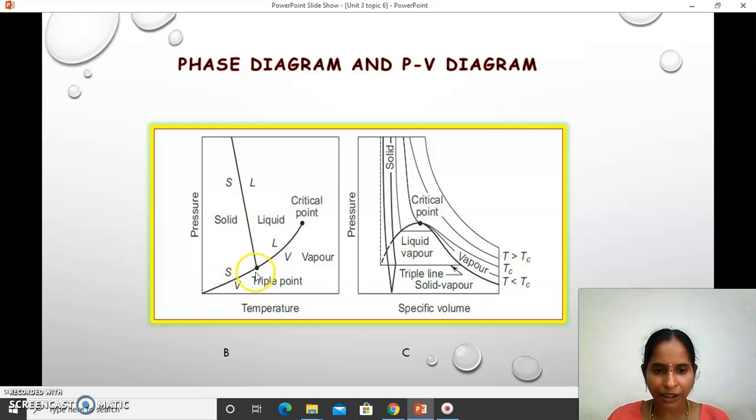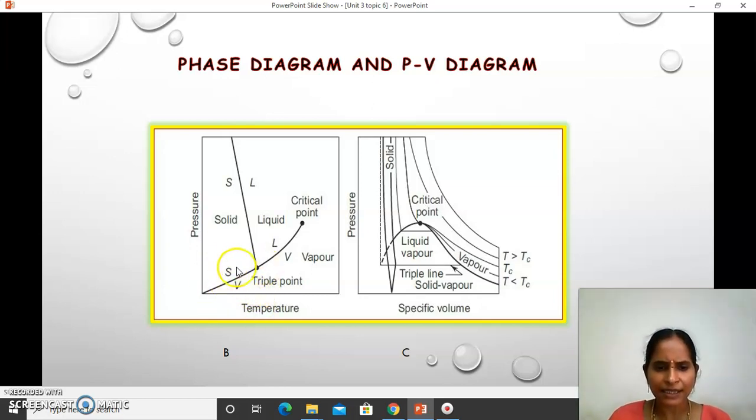This is the sublimation curve, and the sublimation process takes place. That is, above this pressure, solid would be converted to vapor. Below this pressure, vapor would be suddenly converted, that is transferred, to ice.